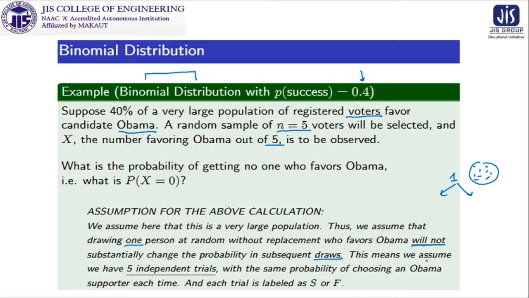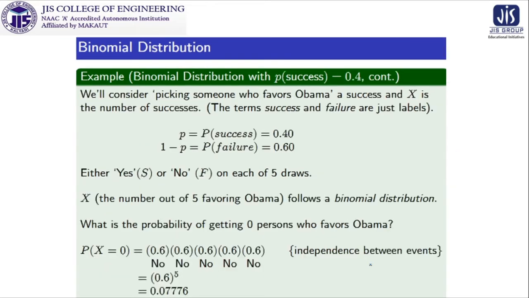This means we assume we have 5 independent trials with the same probability of choosing an Obama supporter each time, and each trial is labeled as success or failure. We will consider picking someone who favors Obama a success, and X is the number of successes. The terms success and failure are just labels.